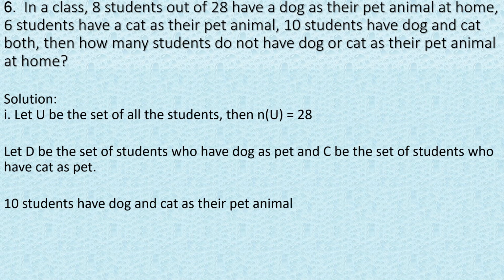Next, 10 students have dog and cat as their pet animal. So n of D intersection C is equal to 10.